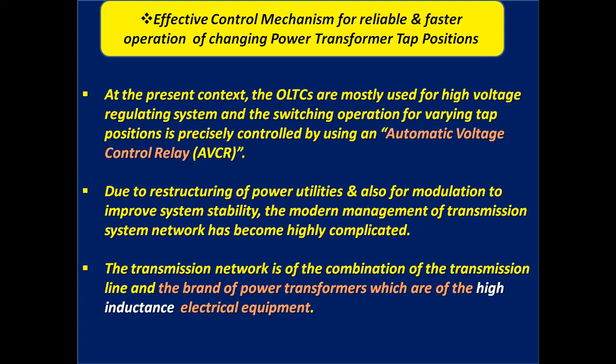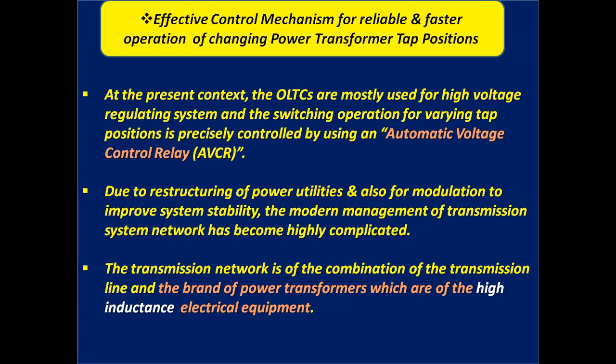In the present context, on-load tap changers are mostly used for high voltage regulating systems, and the switching operation for varying tap positions is precisely controlled by using an automatic voltage control relay, AVCR.